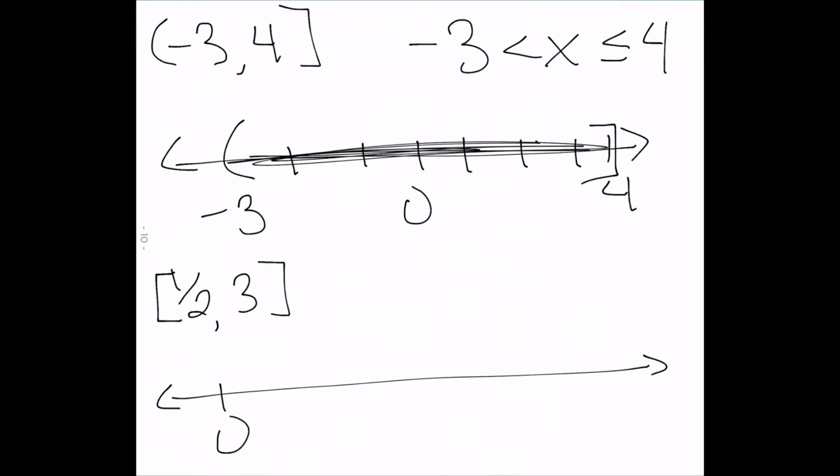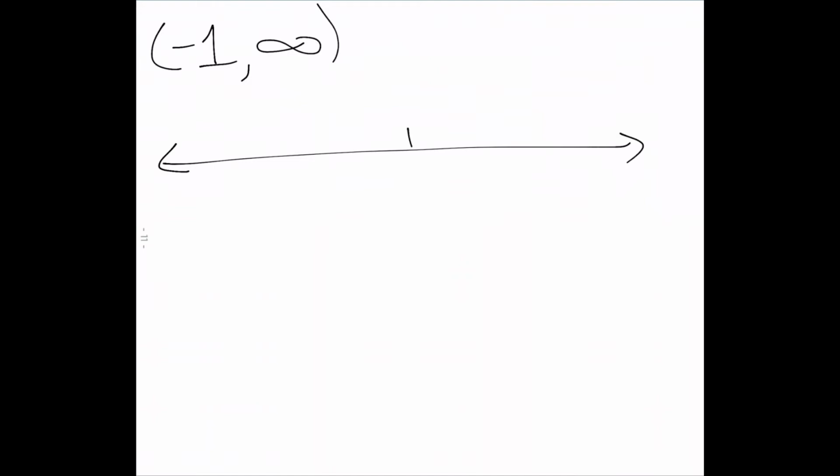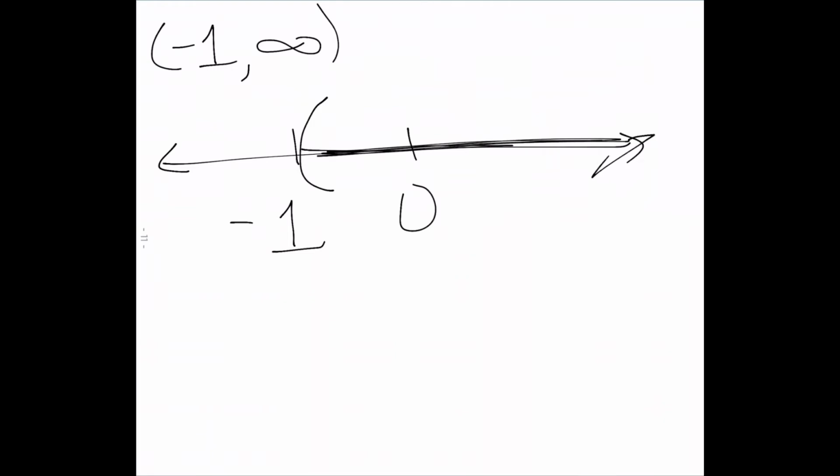In this case, here's 0, 1, 2, 3. Square bracket at 3 and square bracket at 1/2 and shade in the middle. A couple more examples. (Minus 1, infinity). Here's 0, here's minus 1, parenthesis there, and shade all the way. Shading the arrow indicates that we are actually continuing on.